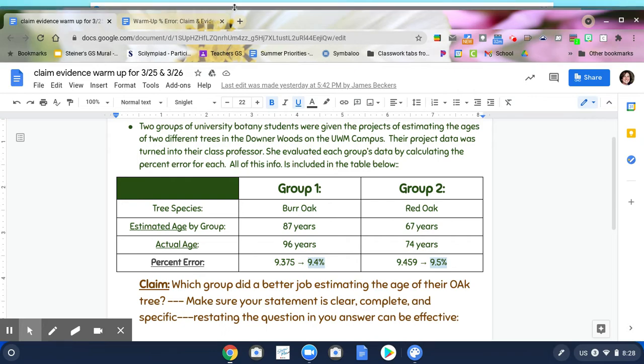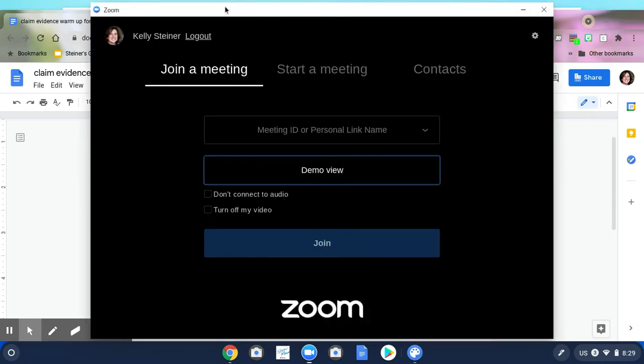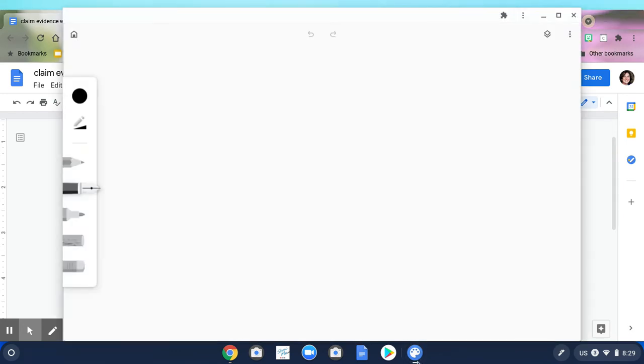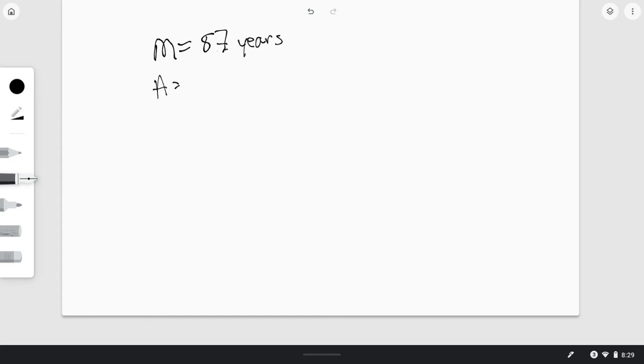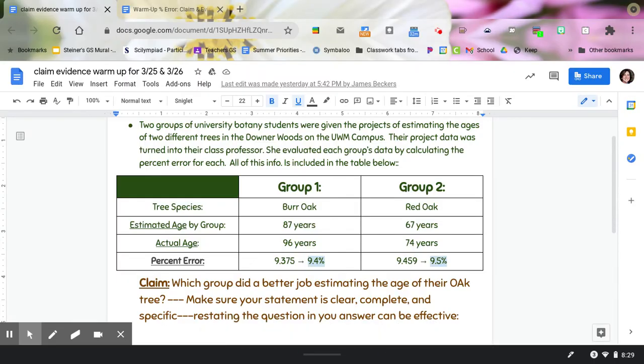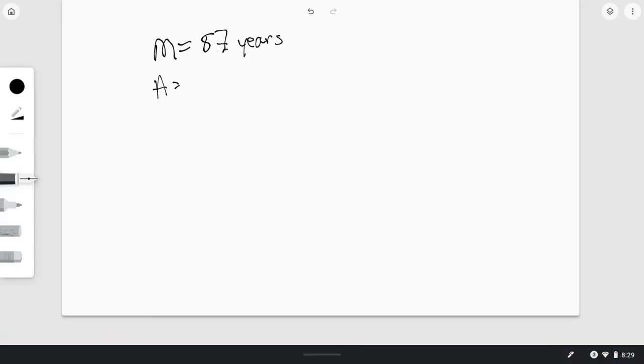So I'm going to come to my workspace and say it was measured at 87 years, but the actual, we're going to go back and check our data here, actual age was 96 years.